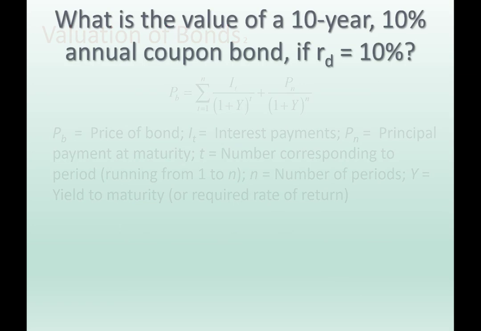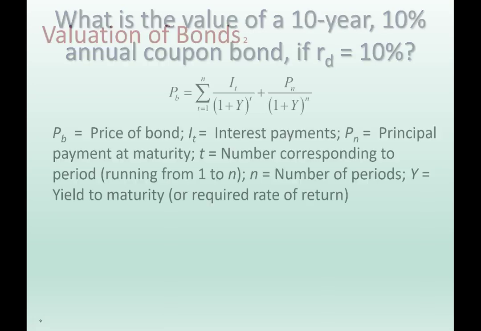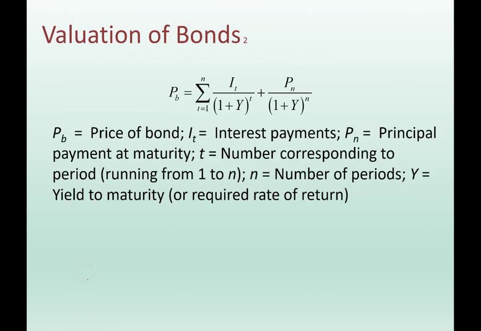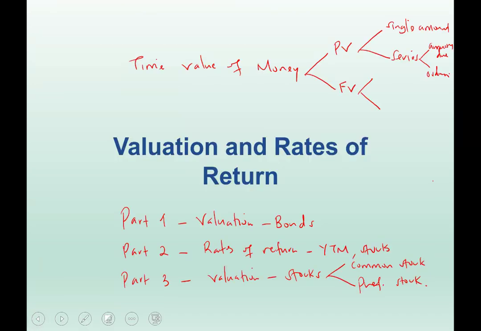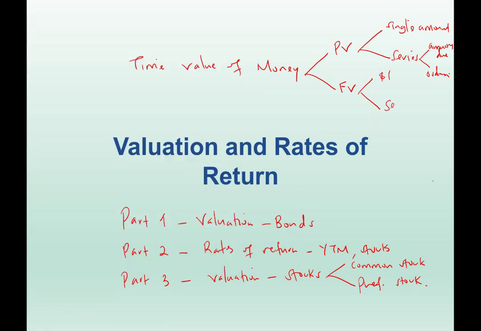We did look at the future value of a single amount. And we also did look at the future value of a series of payments, which again in this case could be an ordinary annuity or it could be annuity due.